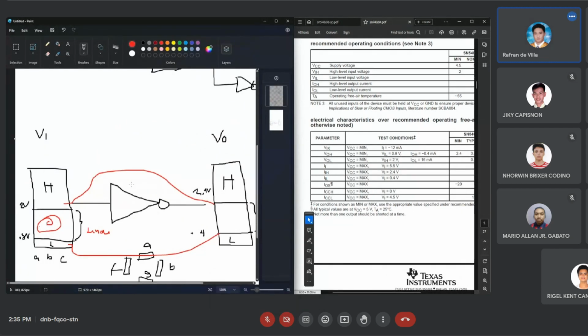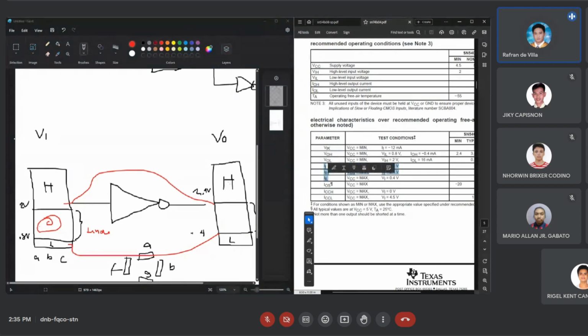Okay? Basically, when you be connecting other inputs sa kaning output, it is not the output voltage solely ang ato ang basihan, but basically we also need to check out kaning current. Okay?